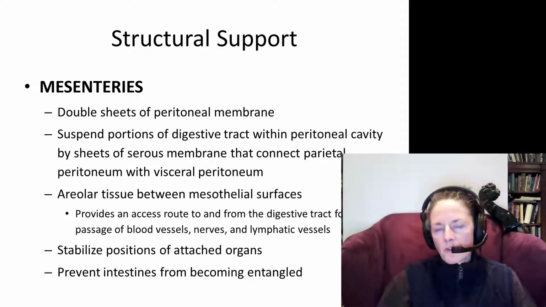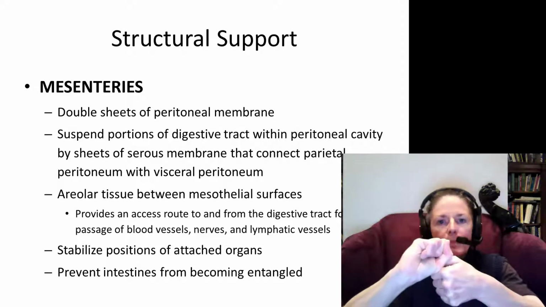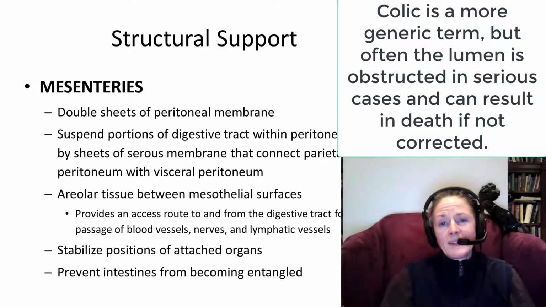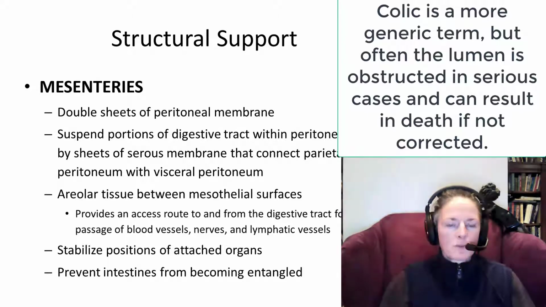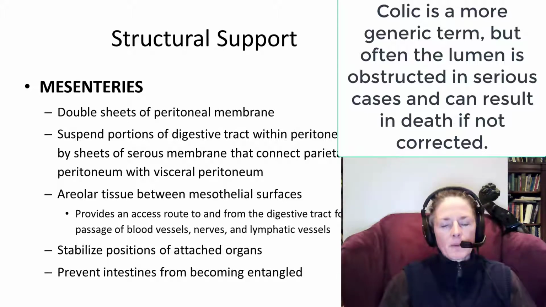It happens less often in humans, but that is where the intestine will be twisted to the point that the lumen is closed and nothing can pass through it. And this can be deadly for horses. It can be really bad for humans too, obviously, but it has to be corrected. Usually one goes to the doctor if one feels really tension in the abdominal cavity.